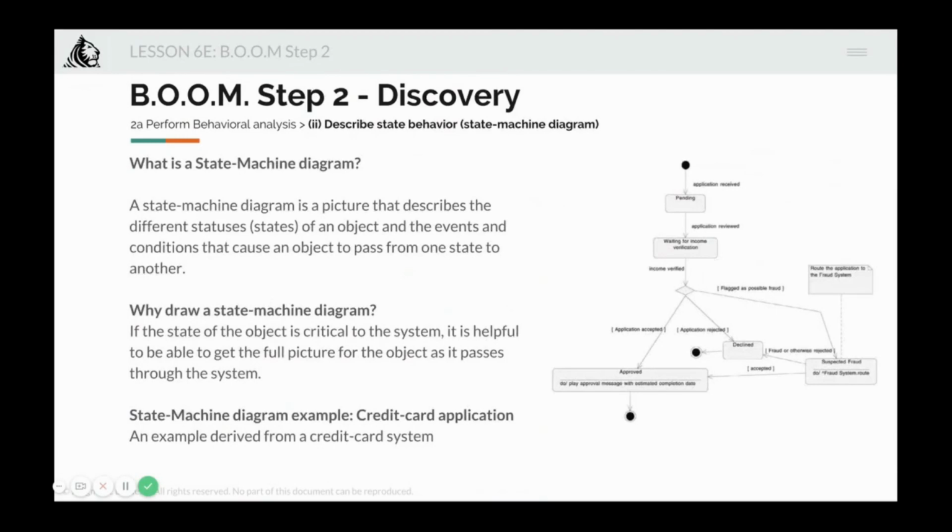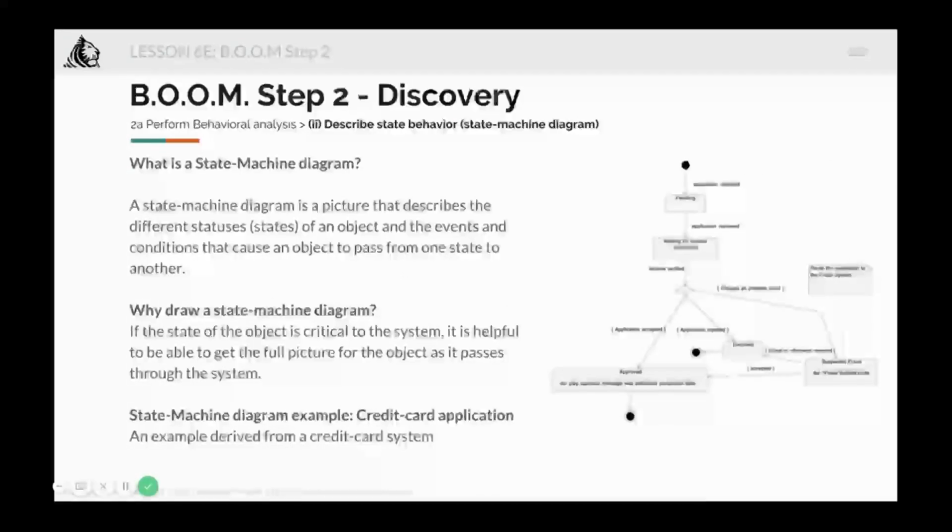Let's talk about the next thing, which is describing the state behavior. Till now, we were talking about how we describe system use cases. Now we are talking about behavior. So once you have understood the use cases, it's important to understand how things and systems are going to behave. A state machine diagram is a picture that describes the different statuses of an object and the events and conditions that cause an object to pass from one state to another.